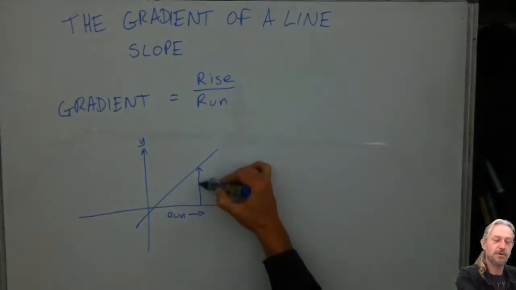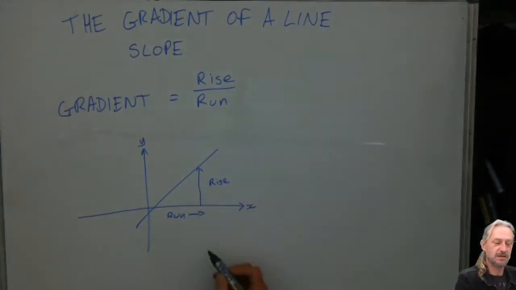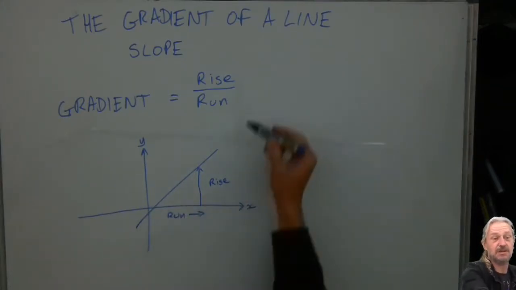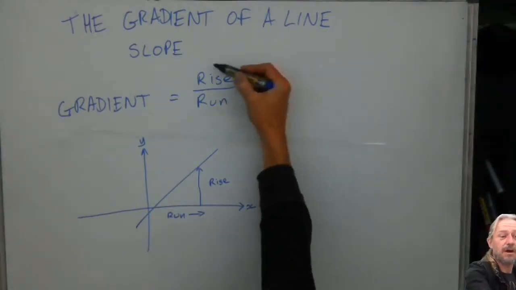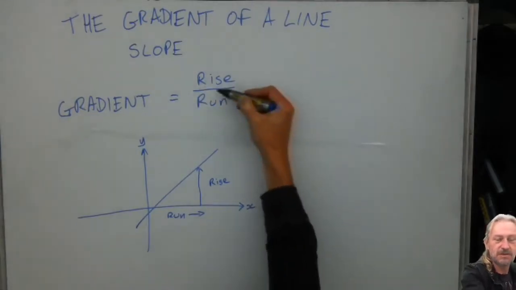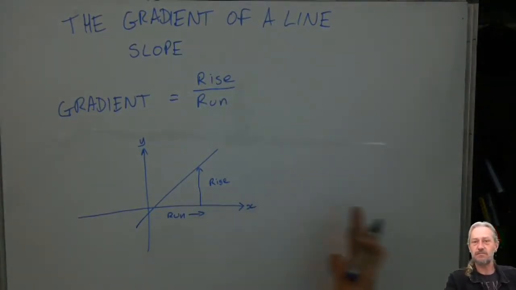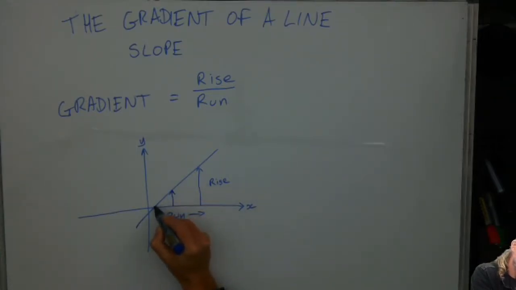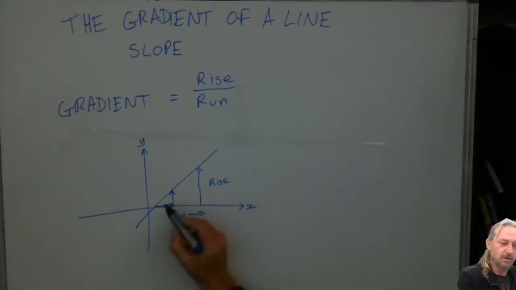Okay, and something to bear in mind is if we have a straight line, it doesn't really matter if you measure, for example, this height over this, which is essentially the Y height divided by the X run. It doesn't matter if you use this one or a bigger one.